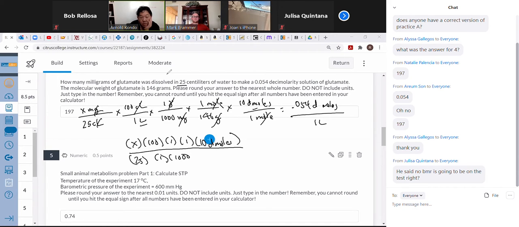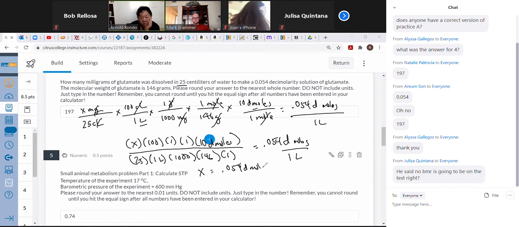Oh, always forget this. 1 liter because that unit hasn't canceled out yet. 146 times 1 is equal to 0.054 decimals per liter. And then of course you have to isolate the X. So X is equal to 0.054 decimals over 1 liter, just to be correct.